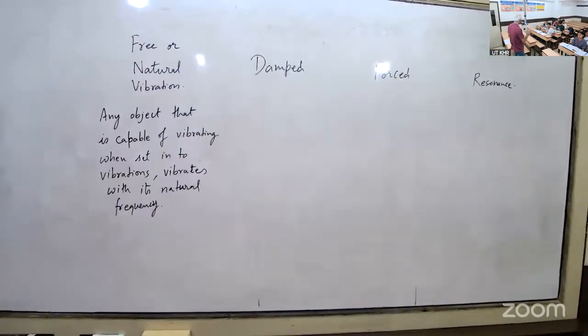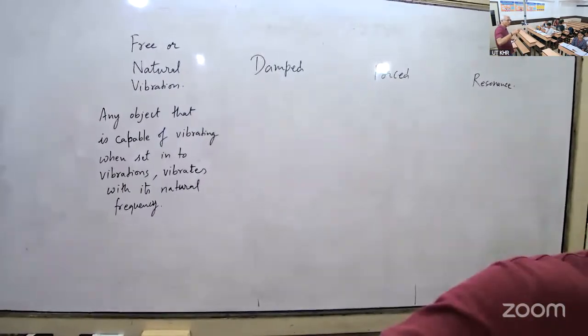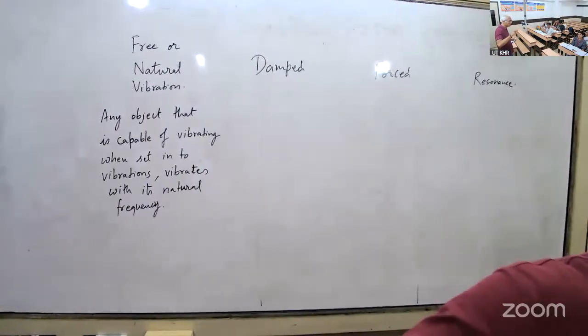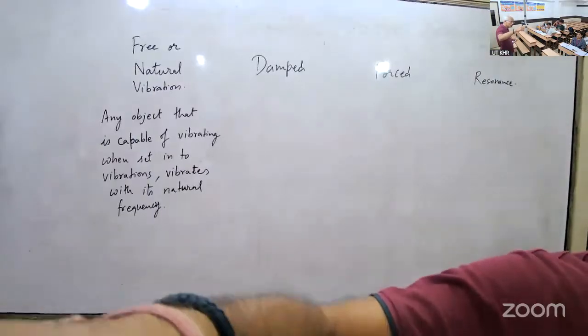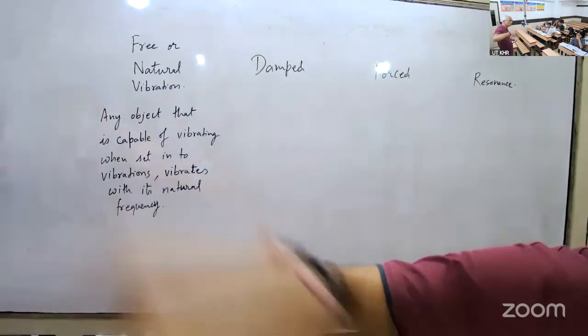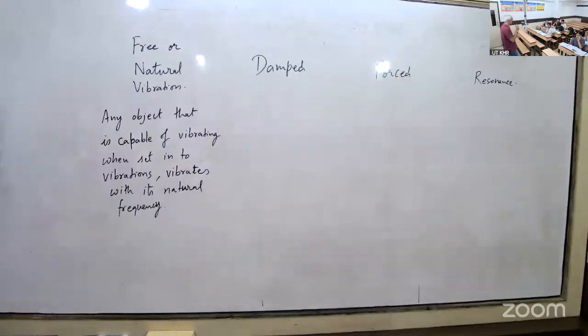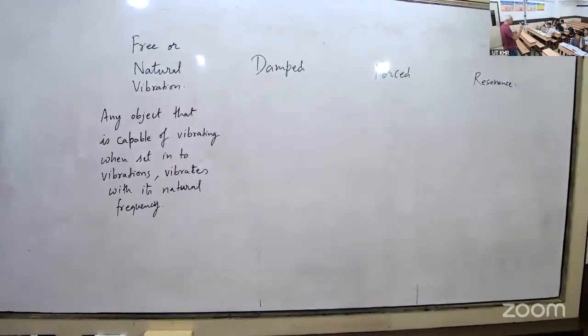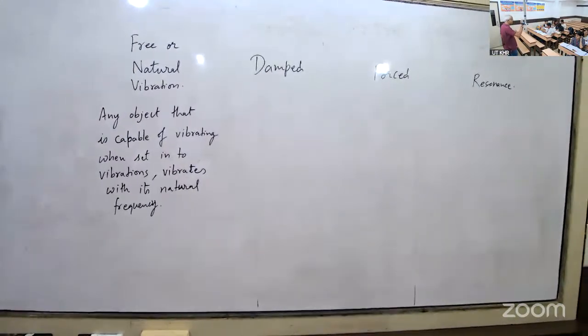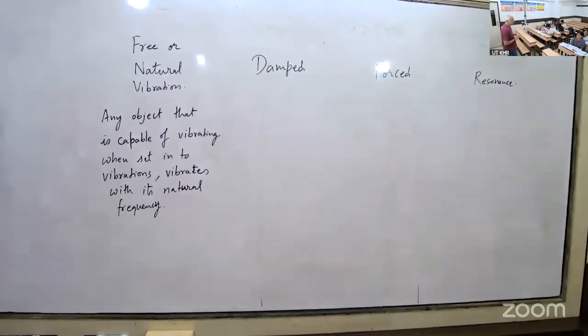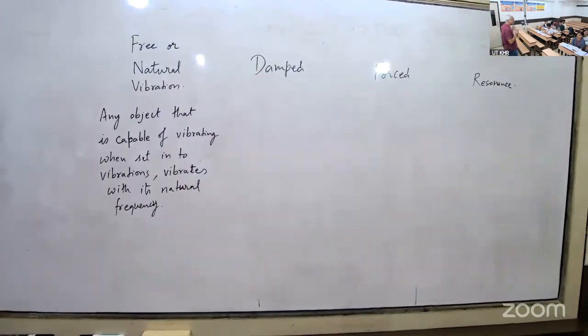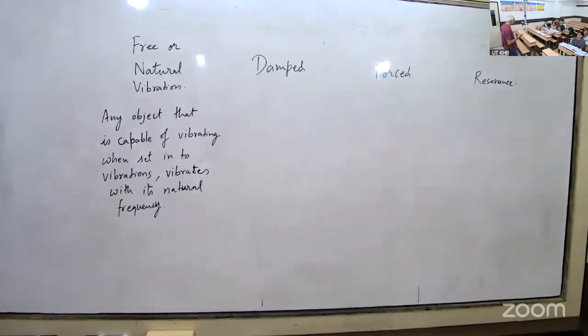However large an amplitude you vibrate it with, like if you measure the time period, let's say the time period is 1 second for one vibration. If you increase the amplitude, it will still complete the vibration in 1 second. The natural frequency of every object is fixed. It is its identity. Understood? Just like when we speak, everybody has a distinct voice.